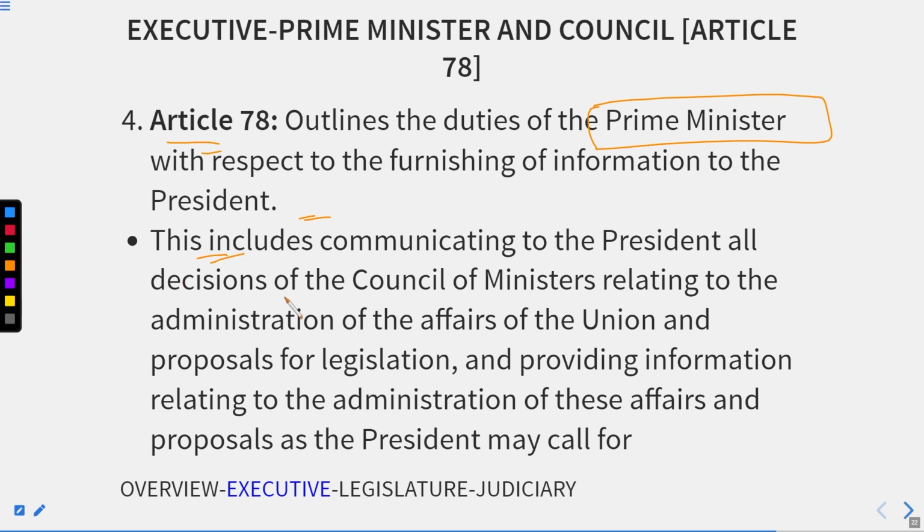This includes communicating to the President all the decisions of the Council of Ministers relating to the administration of the affairs of the Union and the proposals for legislation, and providing information relating to the administration of these affairs and proposals as the President may call for. Okay, so this is the entire Article 78 and the basic information you are required to furnish.